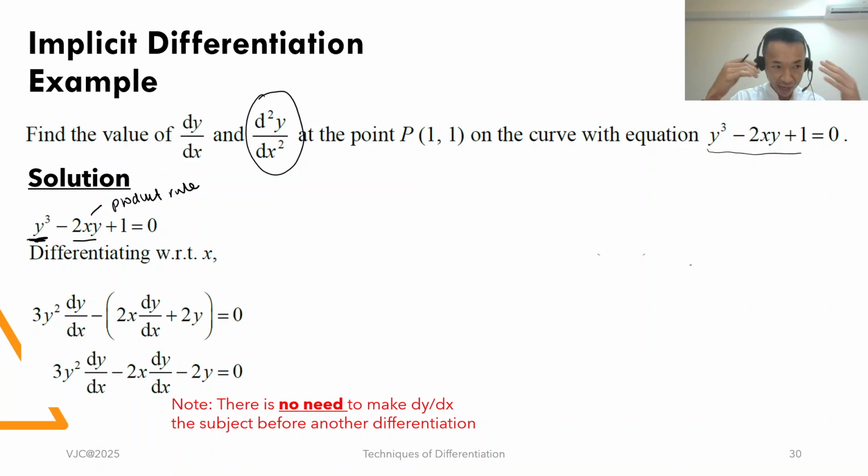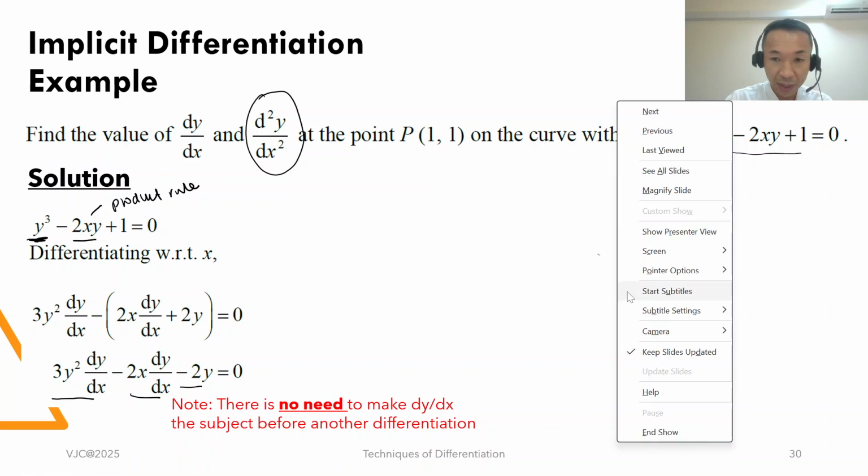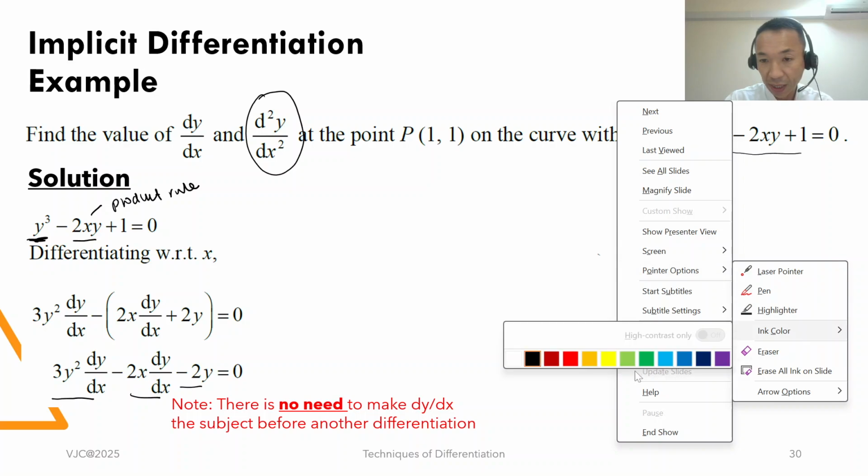We can do another layer of differentiation term by term from here, and I can guarantee you it's a lot easier. So, alright, we're going to do term by term differentiation on here, 3y² dy/dx. Let me use a different colored ink, maybe it's better.